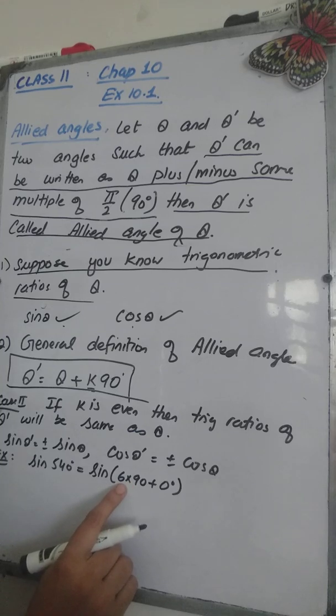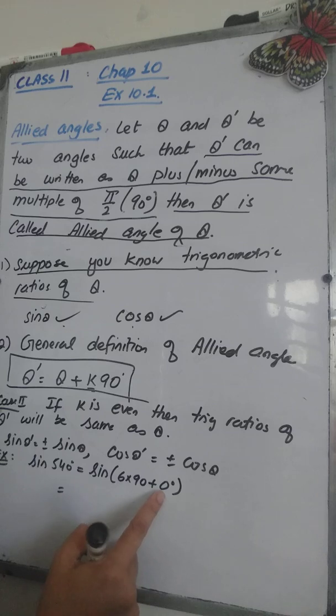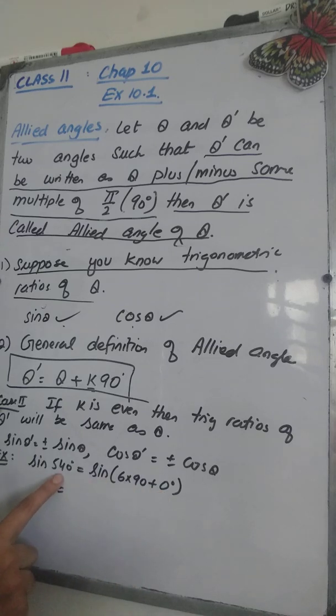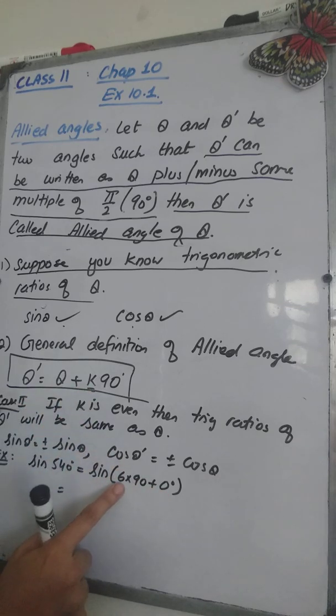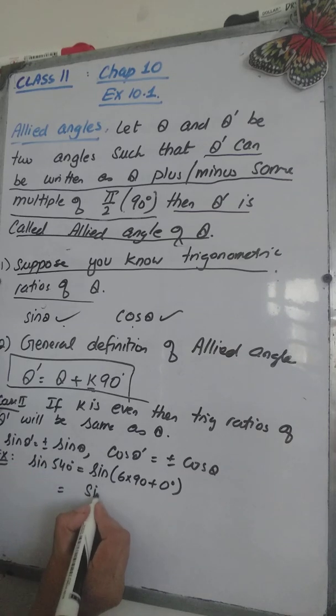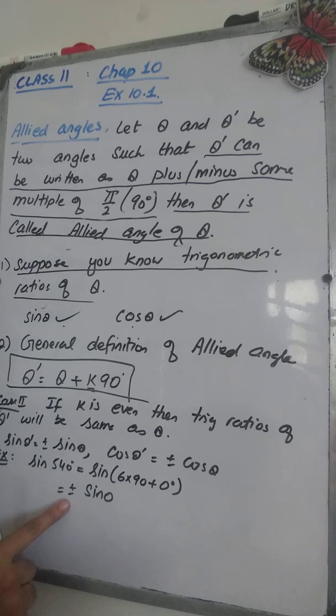Now it is an even multiple, so sine of 540 will be equal to sine of 0, where theta is 0 and theta dash is 540. And we will decide about the sign, whether it is plus or minus.